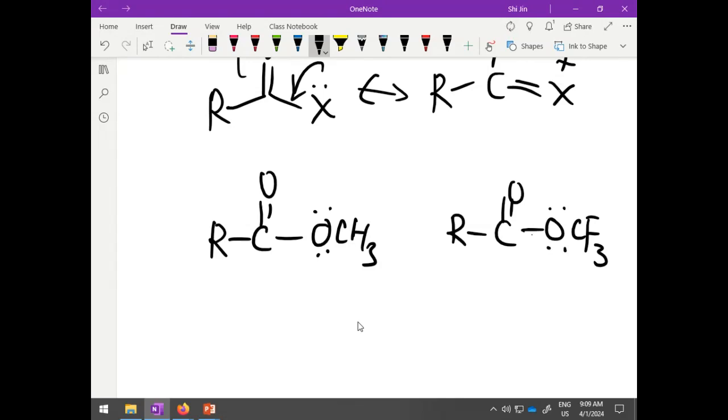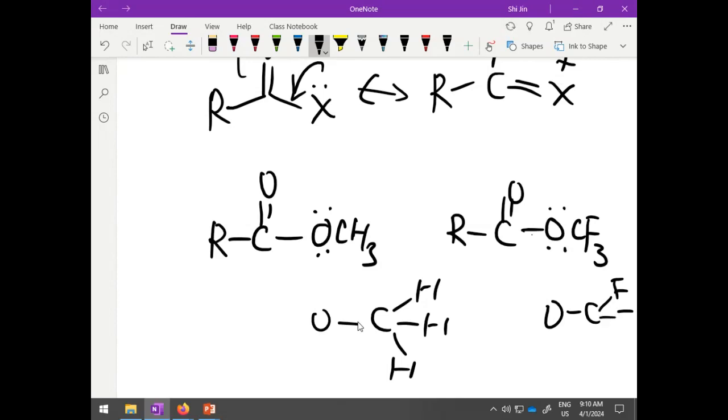That is perfectly correct. But if you look at these two esters, here is the alkoxy group connected to the left side ester, and the right side ester is this. So do you think you should compare the electronegativity of C and F, or should you compare something else?